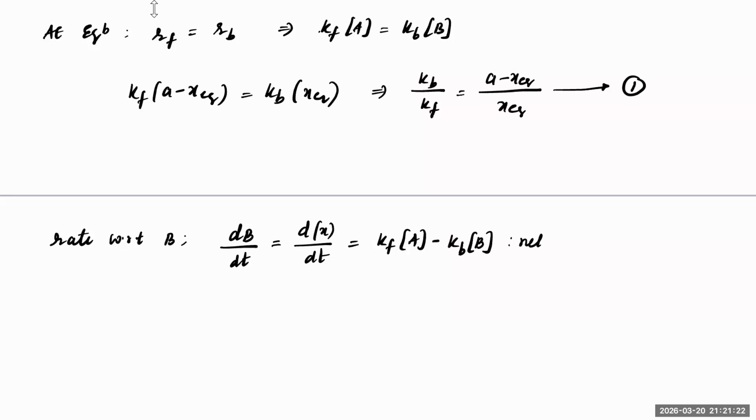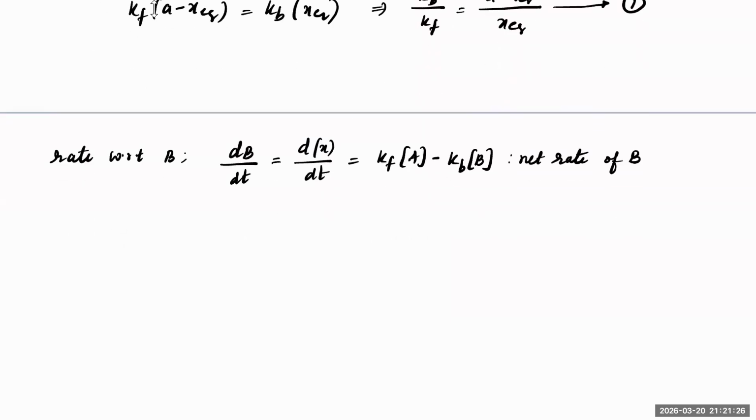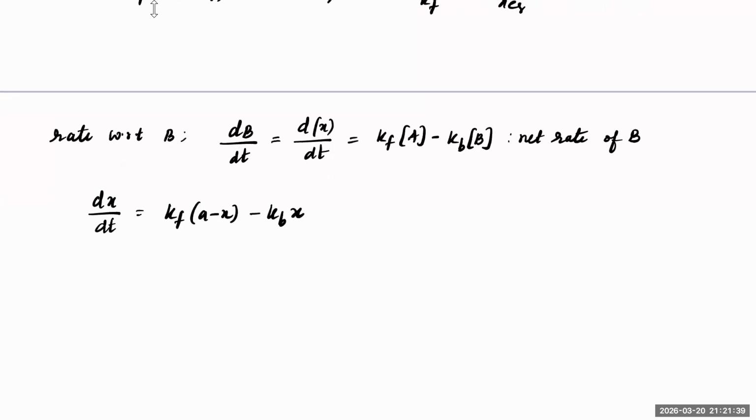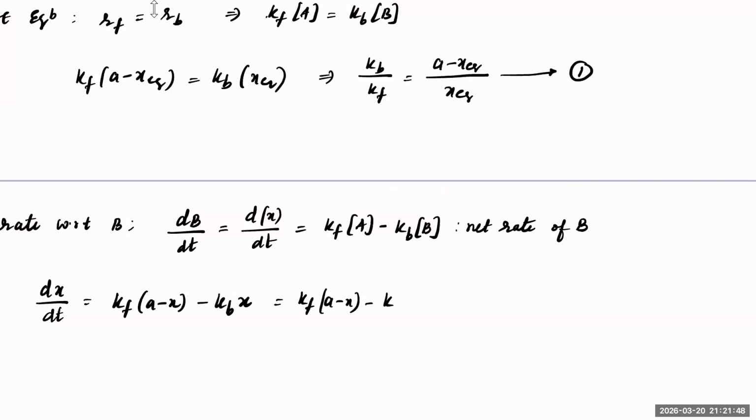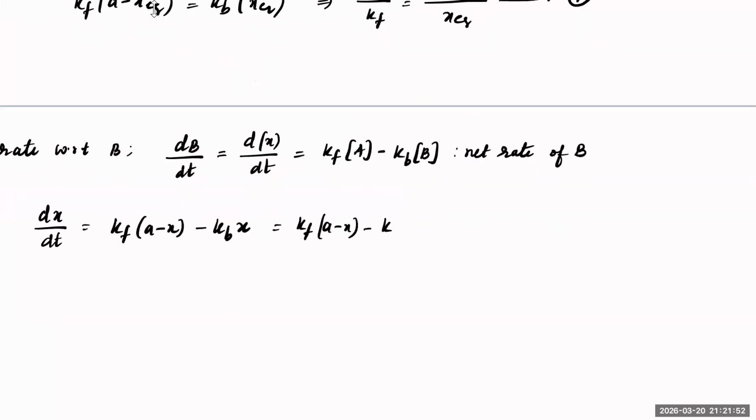This is the net rate of formation of B. Hence, I can write dx by dt is equal to Kf into A minus x minus Kb into x. Now you see everything is in terms of x. So Kf into A minus x minus Kb. Now can I write this Kb as Kf times this entire thing? So that's what I'm trying to use here.